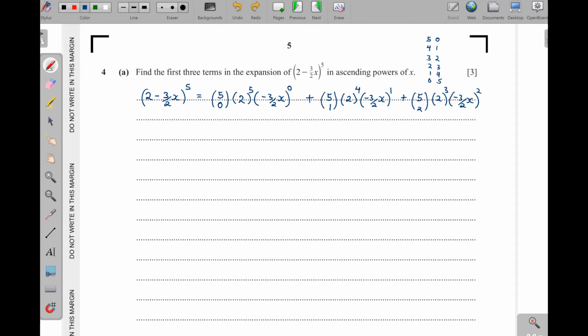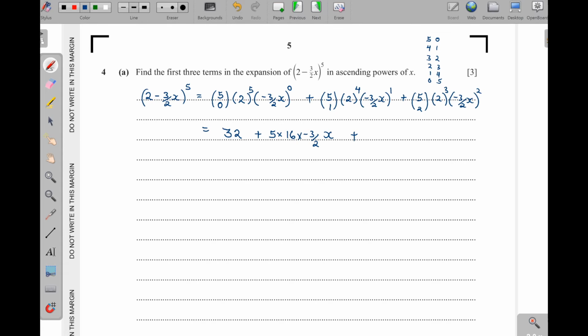All right, now 5 combination 0 is of course a 1, and then 2 power 5, that is a 32. Then when we come to this one is going to be a 5. Okay, 5, then times 2 power 4, that is a 16, then times negative 3 over 2 of x.